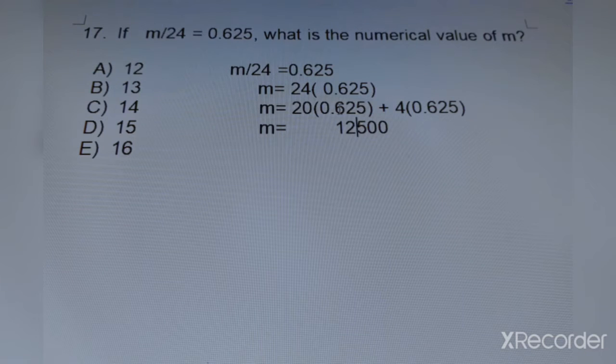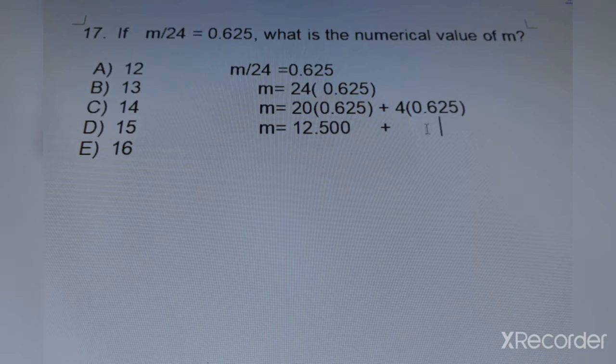Okay, count the decimal place of 0.625. So 3 decimal places, so your decimal point is here. And then plus 4 times 0.625.